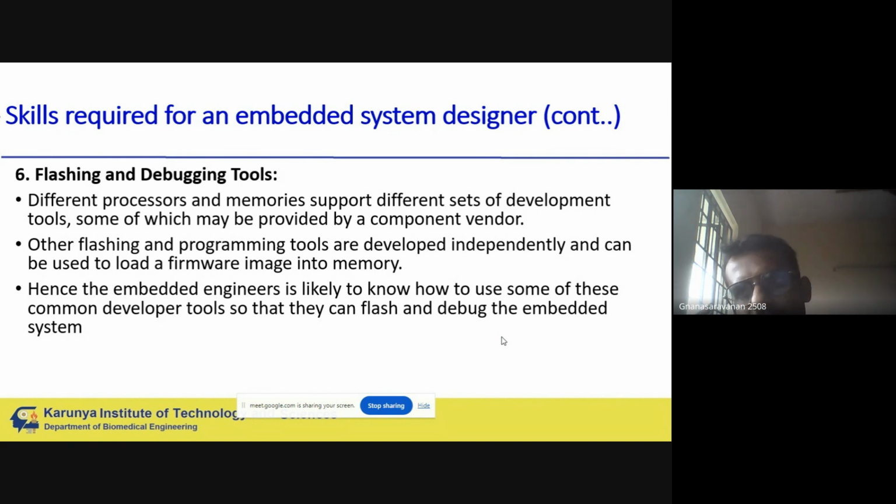For example, I've tried this. In Android, when you go to About Phone and press the release version, I think 7 times, it enables the developer tools. After enabling the developer tools, there are many flashing programs available.